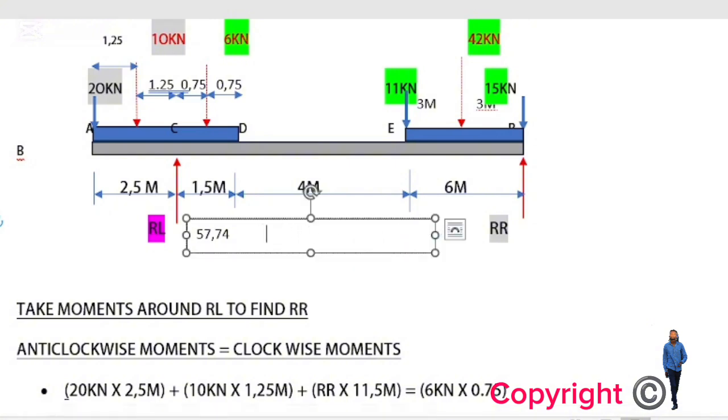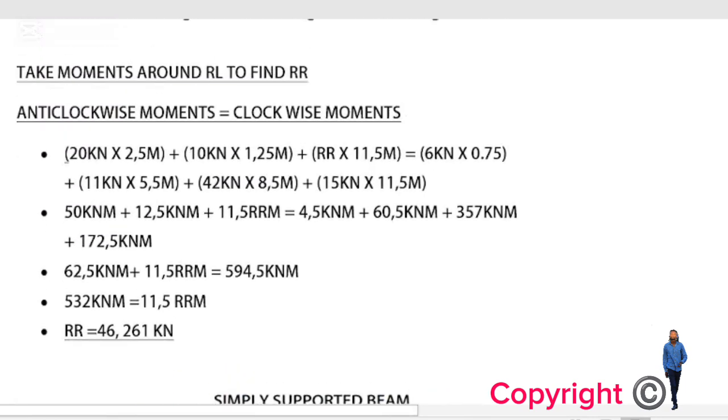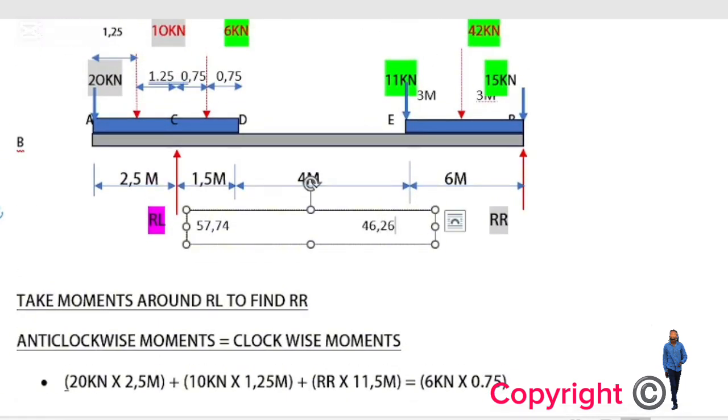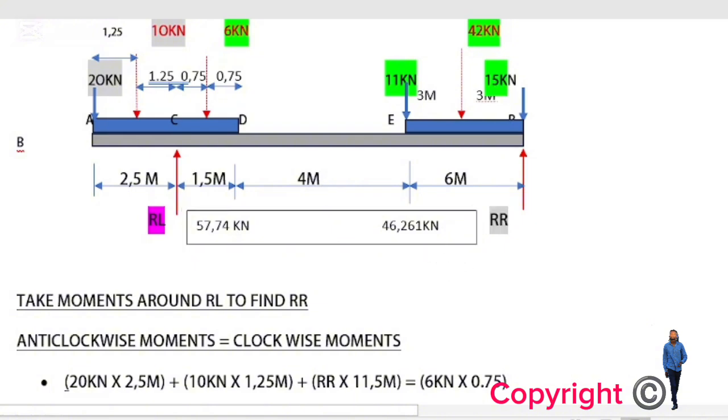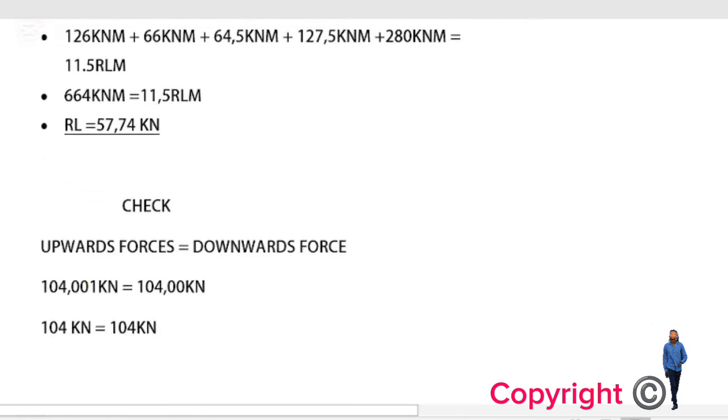This is 46.261 kilonewton. So this is our beam, with our RR and RL. This is how we calculate these reactions.